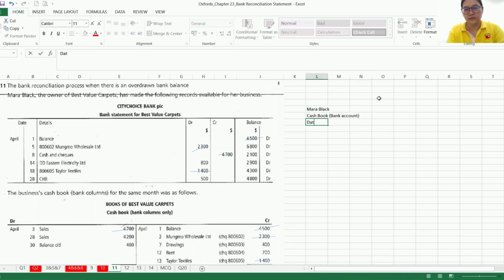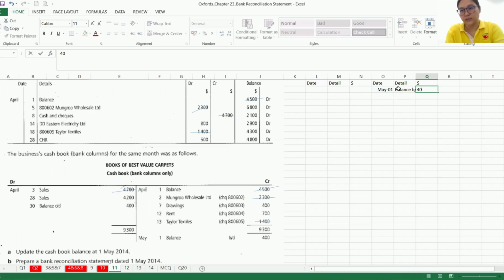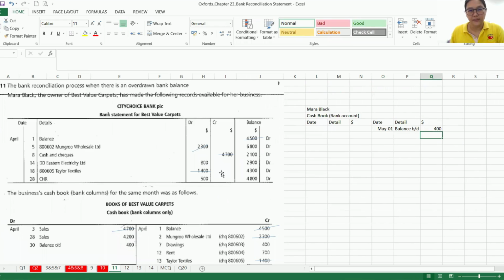Okay, with the date, detail, amount. The amount, we have the amount is on May 1st, which is the balance. Breakdown is 400 in the credit side. This is overdrawn amount. And based on the bank statement that we have, these two amounts have not updated.